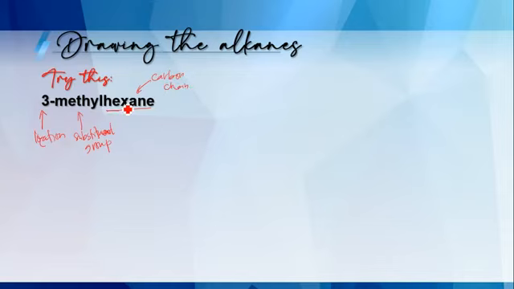How many carbons in hex? Correct, hex is 6. 1, 2, 3, 4, 5, and 6. We have one attached substituent group which is located at carbon number 3. 1, 2, 3. Here, CH3.